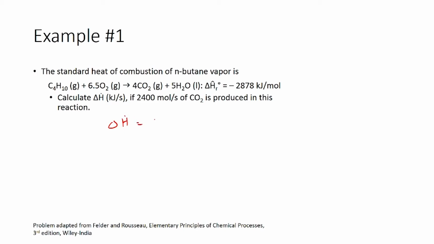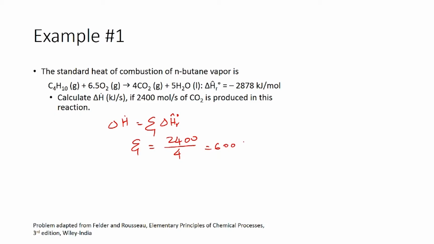So, delta H dot would be equal to your extent of reaction xi times delta HR cap. So, we need to calculate the extent of reaction. The number of moles of carbon dioxide produced is 2400 divided by the stoichiometric coefficient, which is 4. So, this would be 600, the extent of reaction.